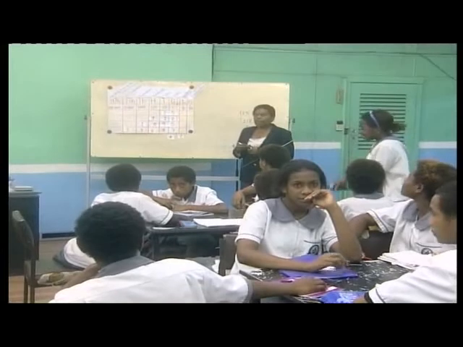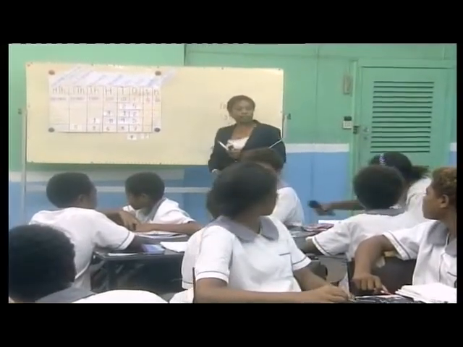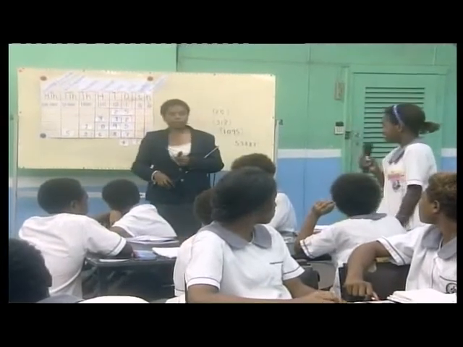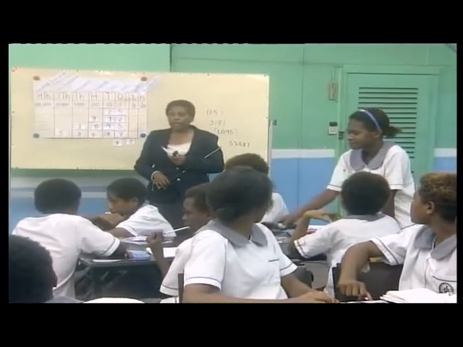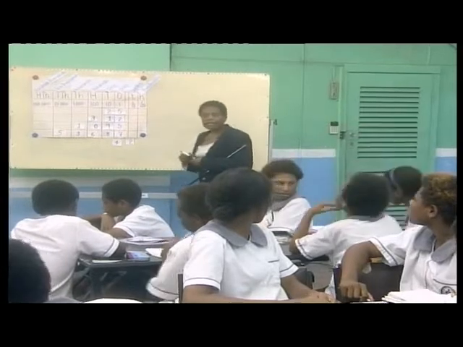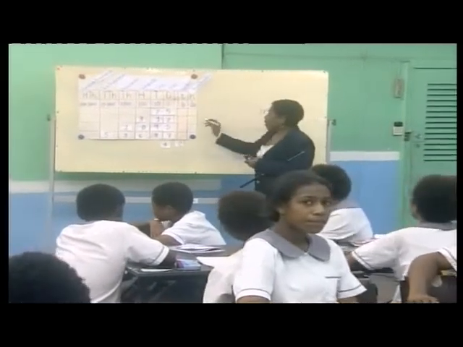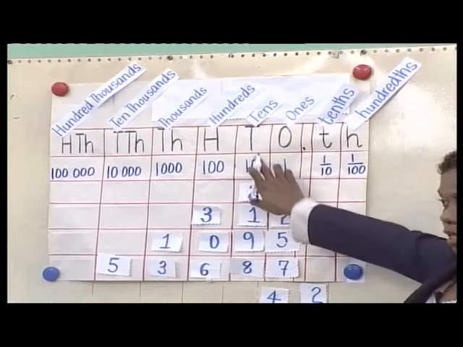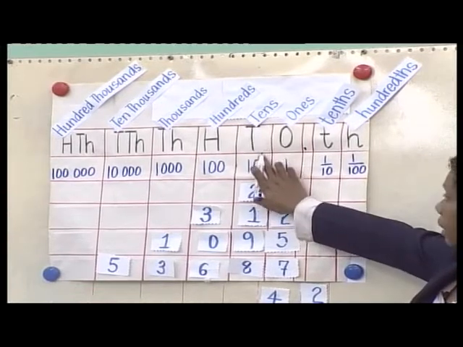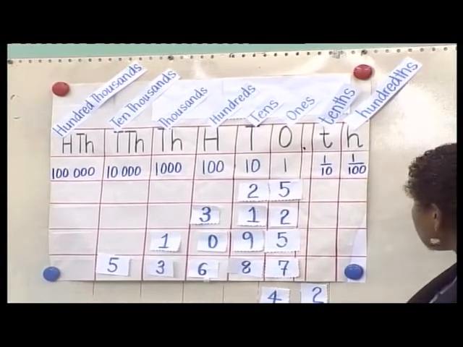20. All right, everyone, did you listen? Again, Lorraine, tell the class. 20. Okay, class, did you hear that? 20. Why 20? Because the value of 10 is 10.